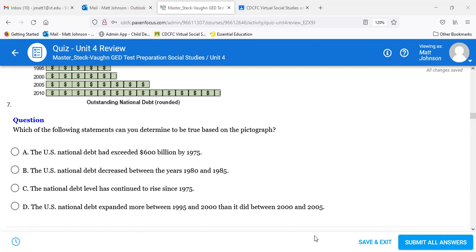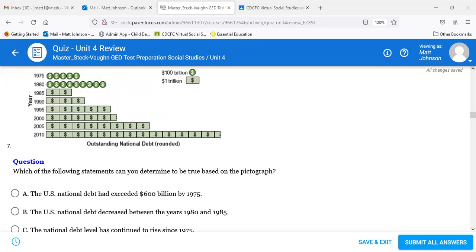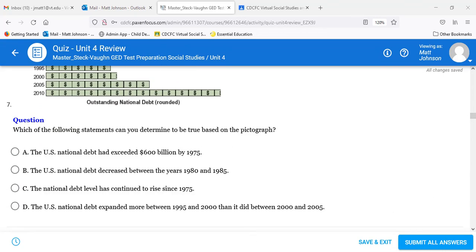About 1975, the debt had a 6, 1, 2, 3, 4. Yes, A. Or it's C, right?